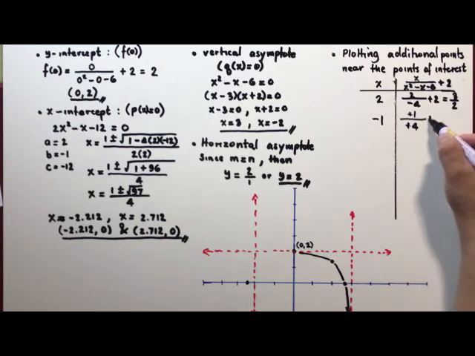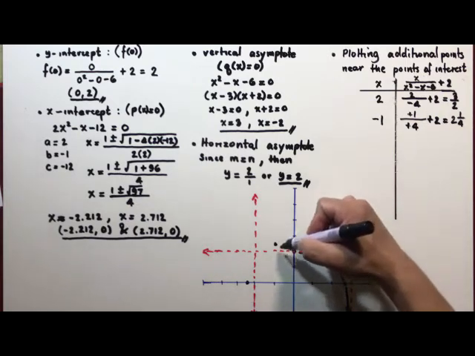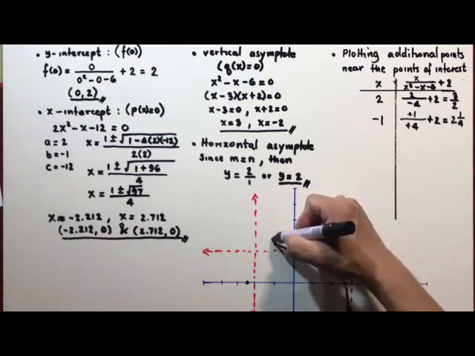And if this is added to 2, this is equal to 2 and 1/4, or 2.25. So if x is negative 1, that's 2 and 1/4, it's here, so it's above this horizontal asymptote. So if you connect, the graph is like that.